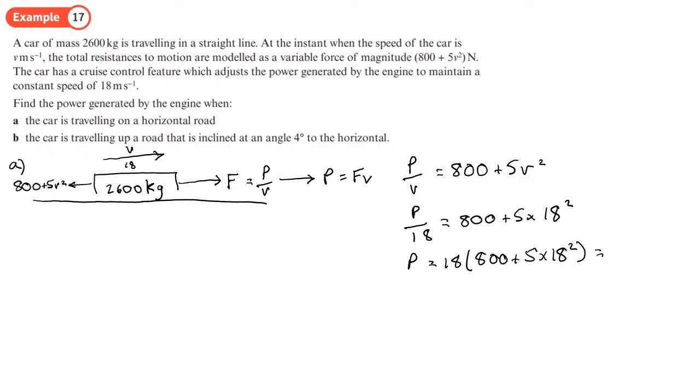So 18 bracket 800 plus 5 times 18 squared, and we get this... sorry, I put times on my calculator there by mistake. Right, so it's 43,560 watts.